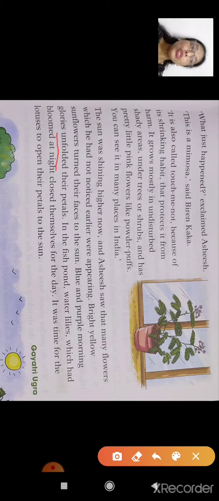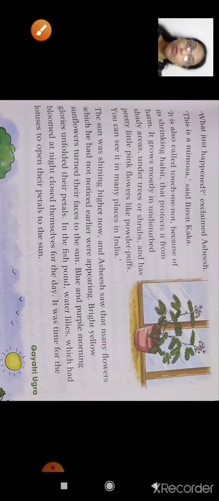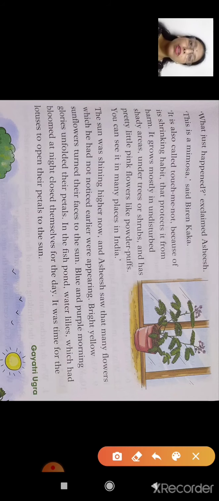Now they moved on, and next they came to the fish pond. In the fish pond, water lilies which had bloomed. Now you can see this word bloomed. Blooming, I told you just now, is actually spreading the petals wide. Now what is the nature of water lilies?